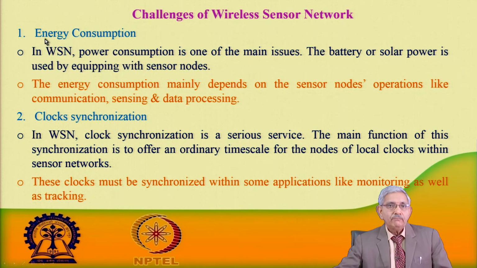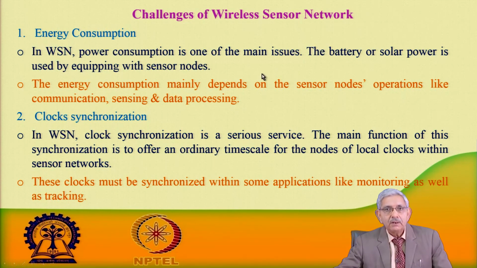One challenge is energy consumption. Power consumption is one of the main issues. Battery or solar power is used to equip the sensor nodes, so we need a solar panel or battery.